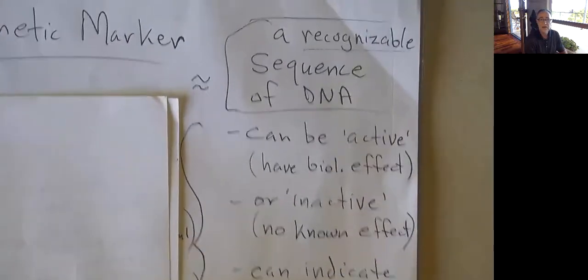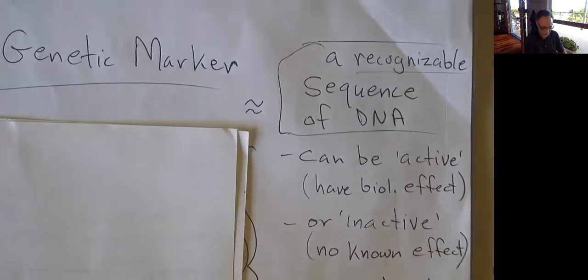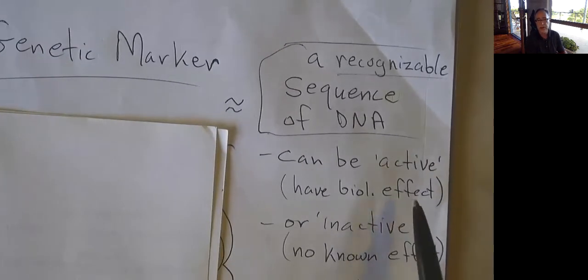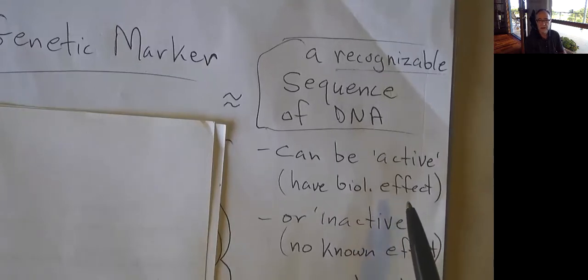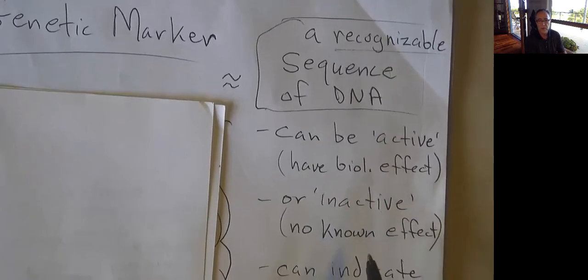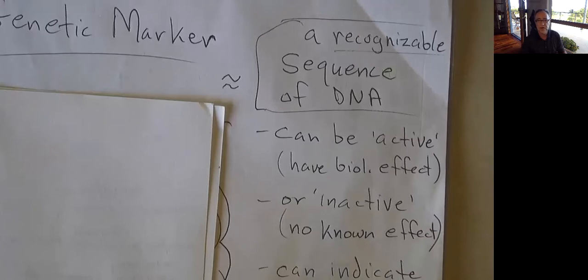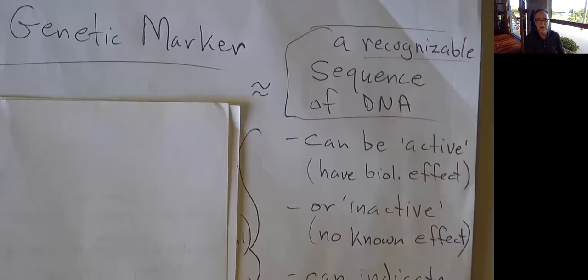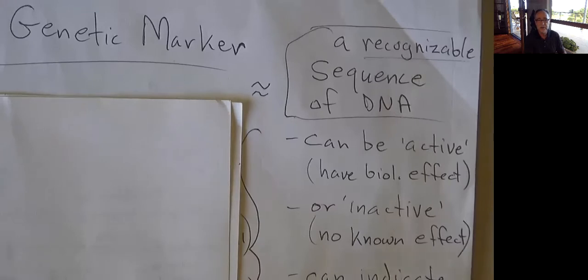All right, so genetic markers, recognizable sequence of DNA, they can be active or have a biological effect. Some are not active. We don't know if they have an effect, we don't know what it is. But we can trace these markers, and sometimes that's used to trace family history, genealogy, or paternity.